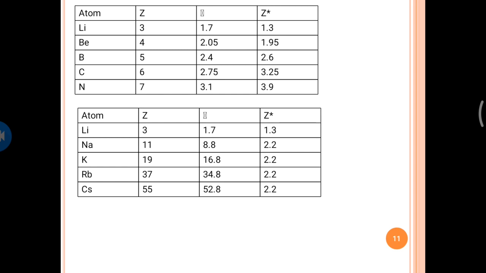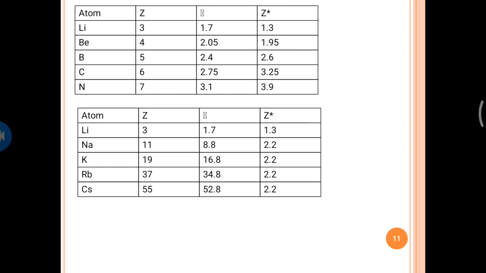Similarly for beryllium, boron, carbon, and nitrogen, Z star is 1.3, 1.95, 2.6, 3.25, 3.9. So from left to right, lithium to nitrogen, the effective nuclear charge is increasing.